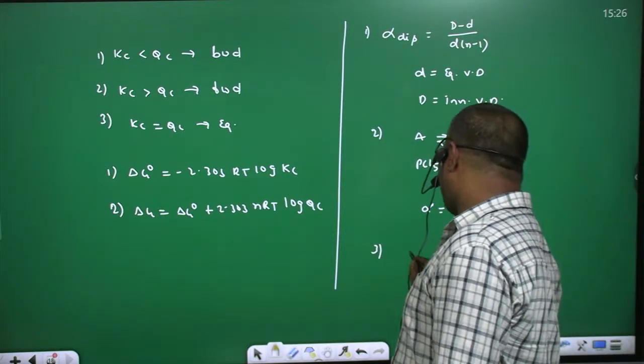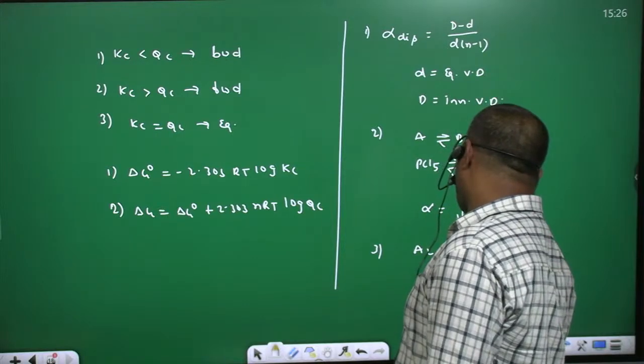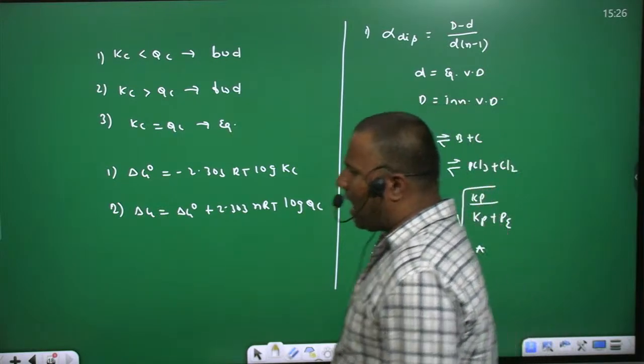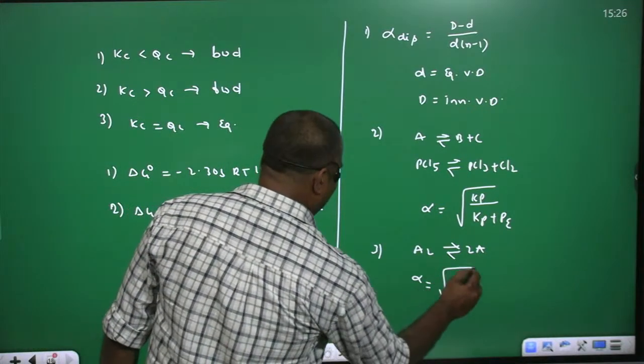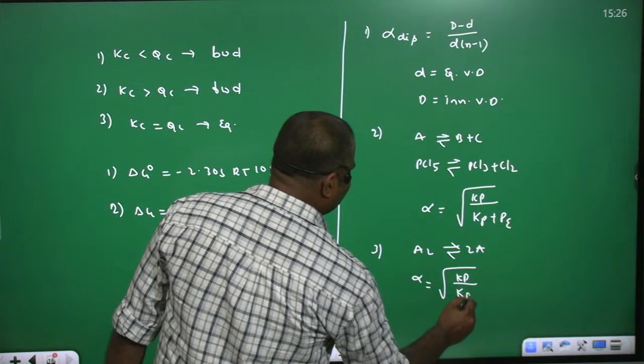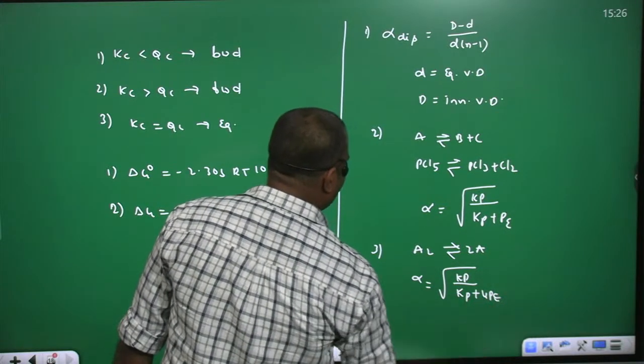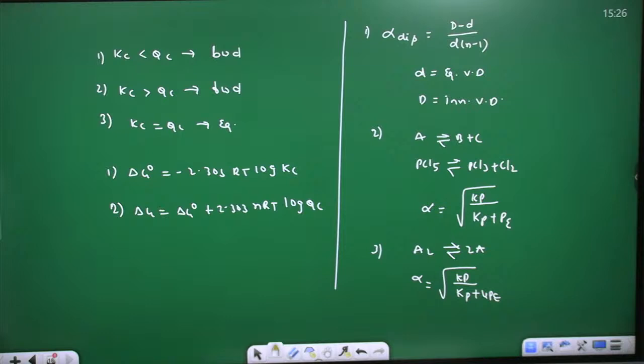The third condition, if you have A2 in equilibrium with 2A, the same reactant converting into two identical molecules, alpha equals root over Kp by Kp plus 4Pe. These are the important formulas in chemical equilibrium. Coming to ionic equilibrium.